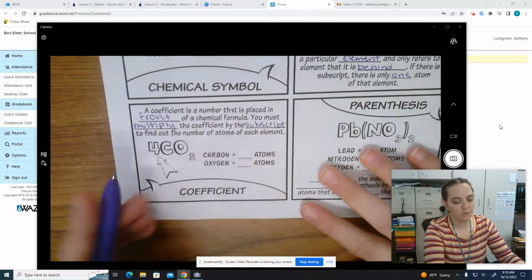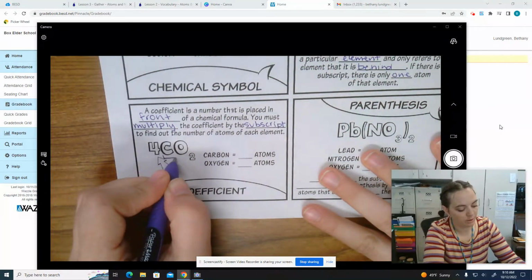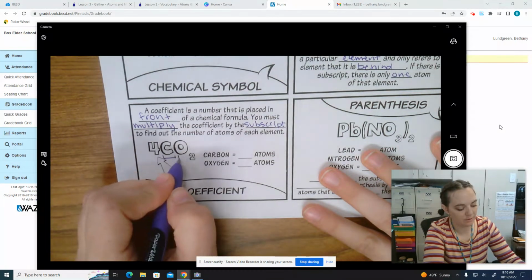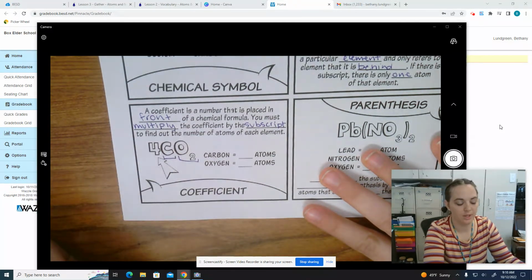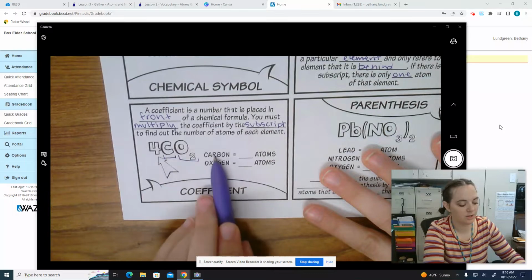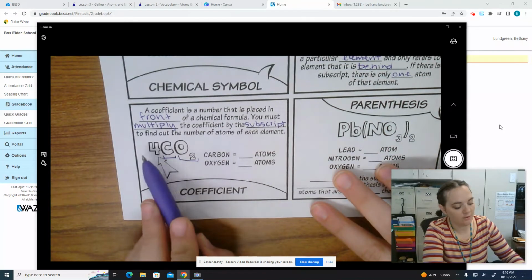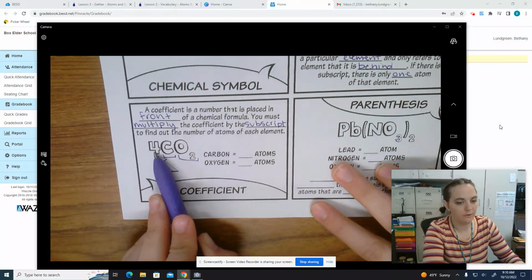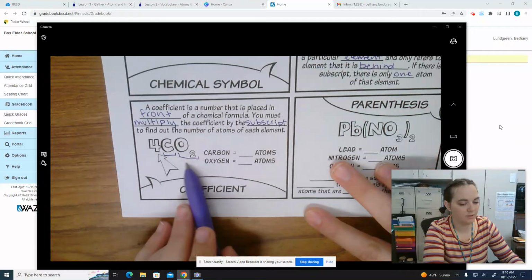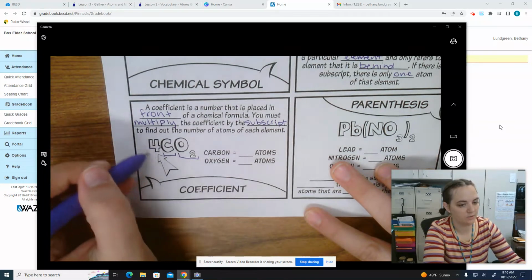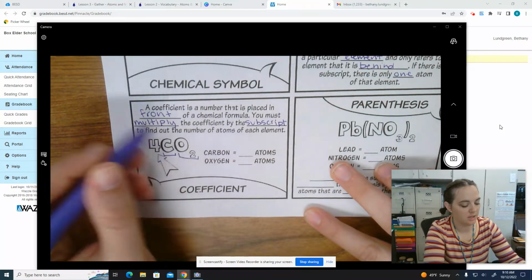Okay, so for this one we have carbon, and then we have oxygen. So we have 2 things, carbon and oxygen. And the 4 is going to be multiplied to everything inside. We're going to say there's 4 of this and 4 of this.